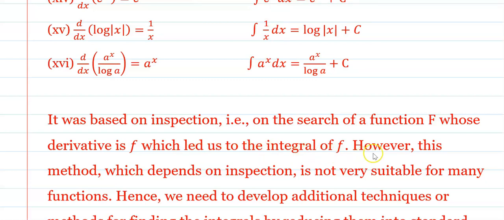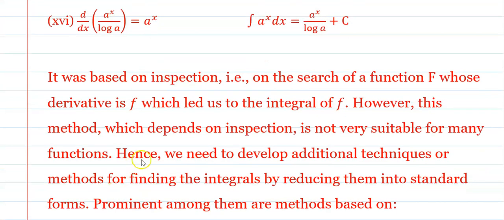However, this method, which depends on inspection, is not very suitable for many functions. Hence, we need to develop additional techniques or methods for finding integrals by reducing them into standard form.